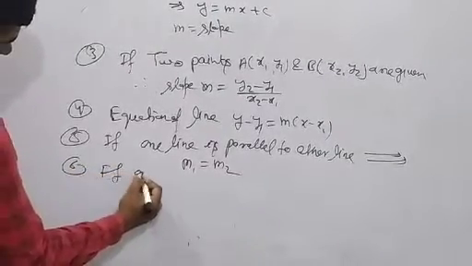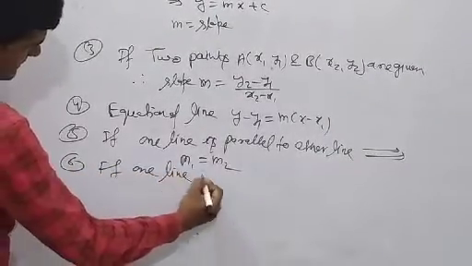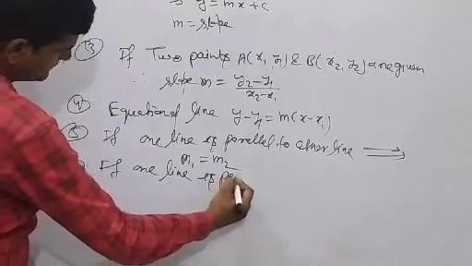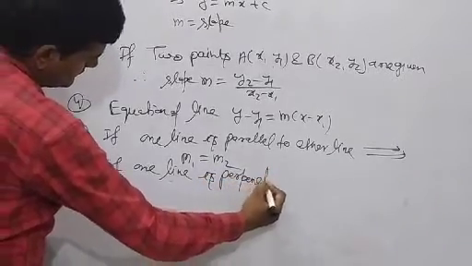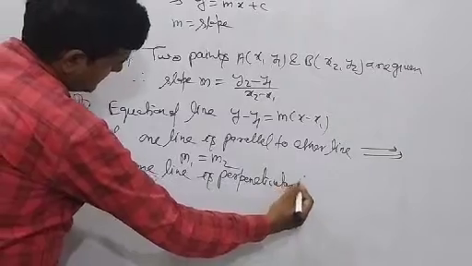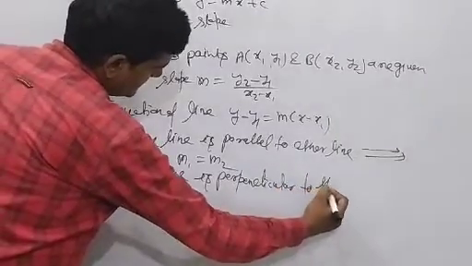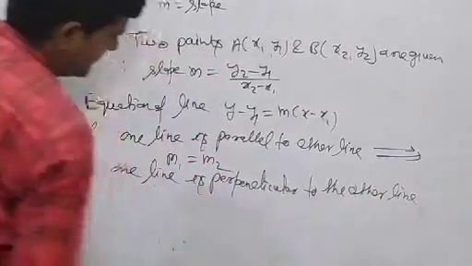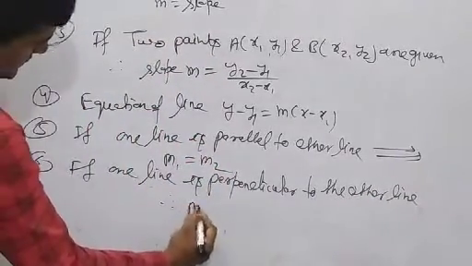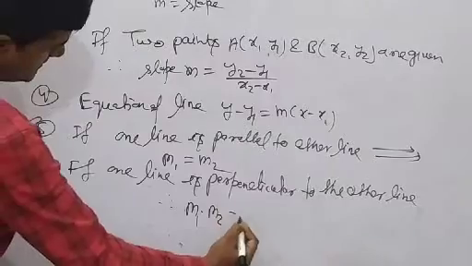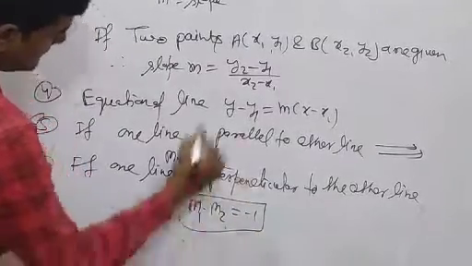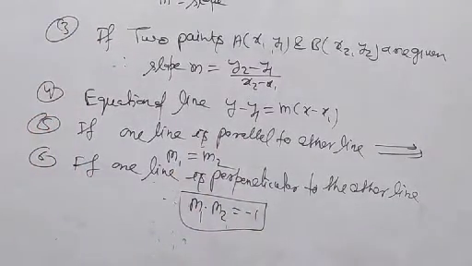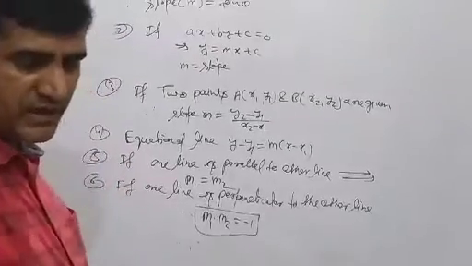Sixth, if one line is perpendicular to the other line, then m1 into m2 is equal to minus 1. Understood? This is a very important formula.